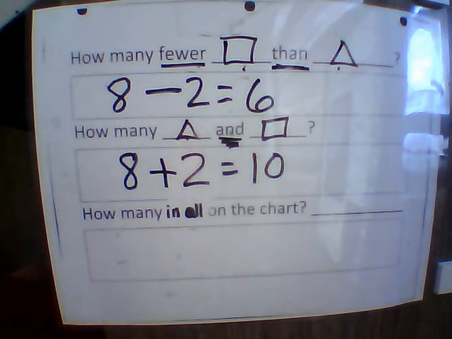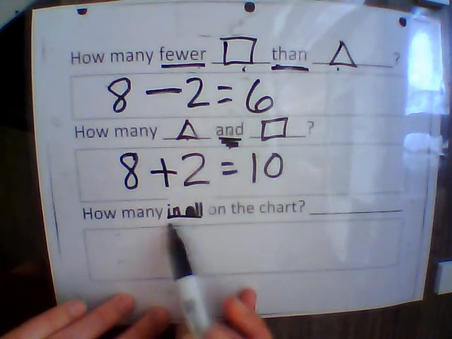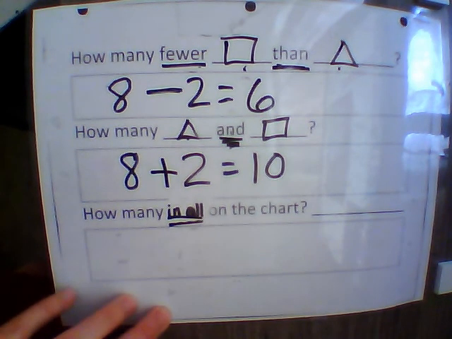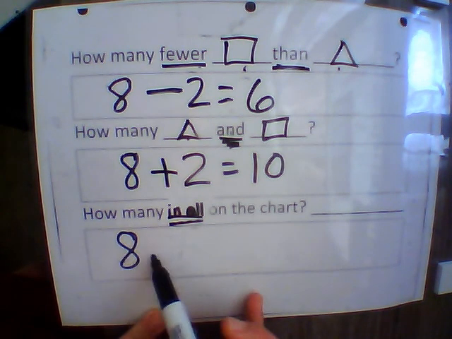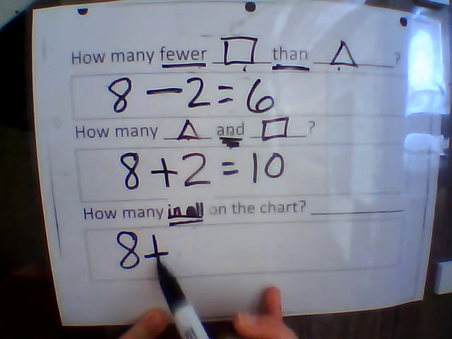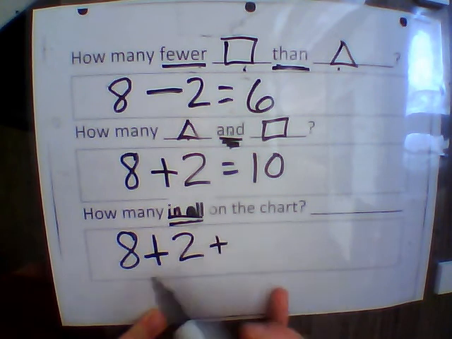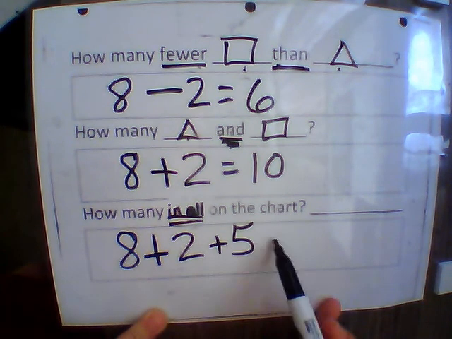Now our last problem for today. How many in all on the chart? That in all tells me we are going to add. So we're going to be adding the 8 plus the 2 plus the 5.